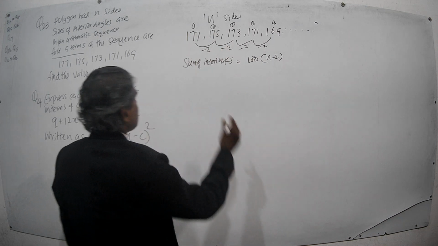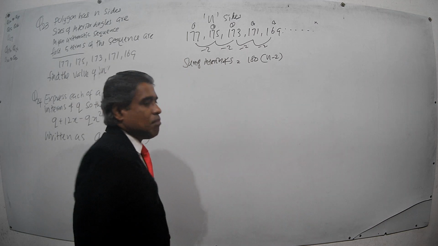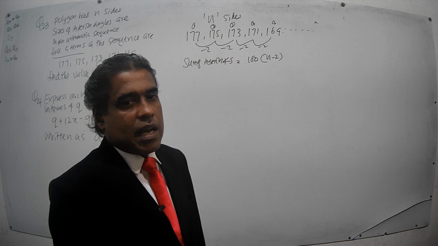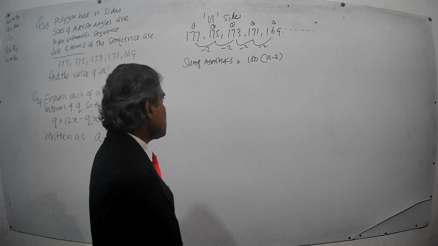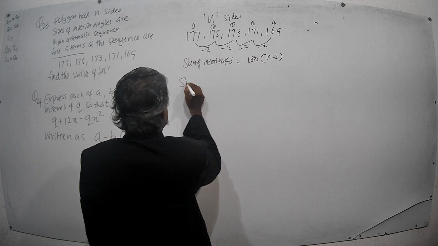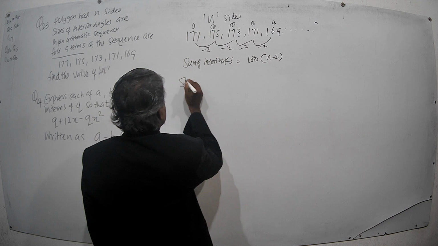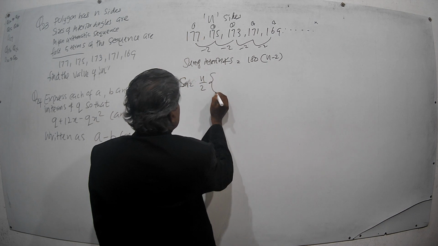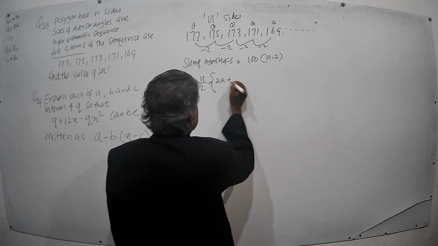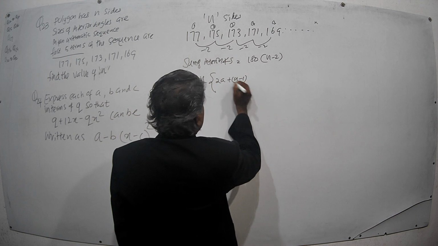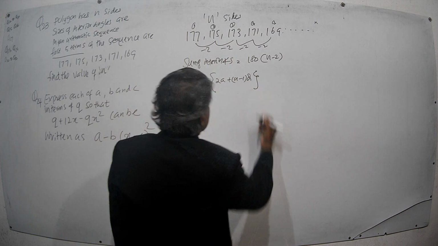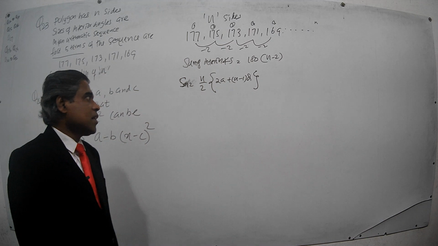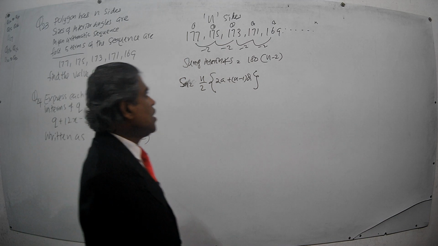Therefore, the formula for the sum of the first n terms of an arithmetic sequence is Sn equals n divided by 2 times (2a plus (n minus 1) times d). This is how you find the sum of the first n terms.